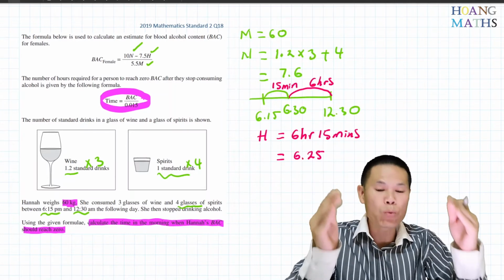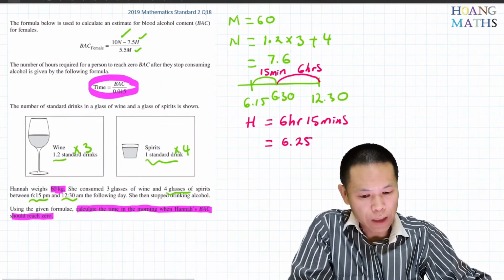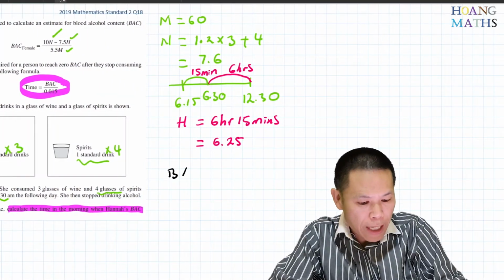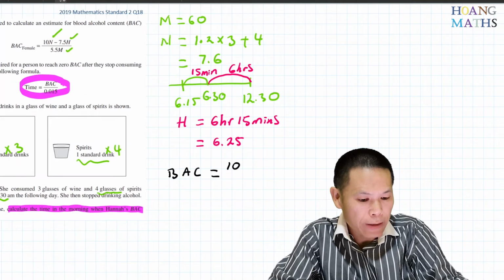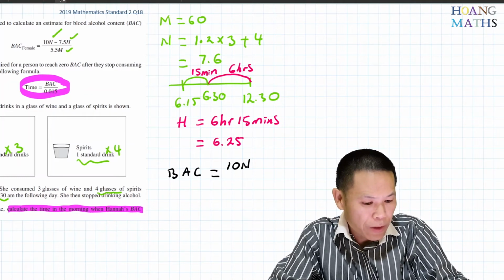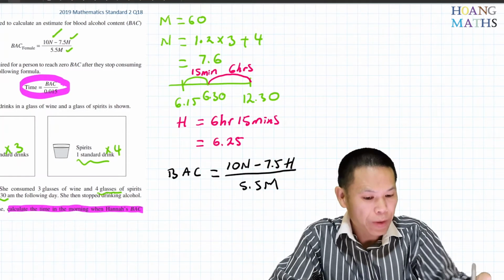So now we can work out the blood alcohol content. So let me just move this across. BAC, blood alcohol content, equals 10N minus 7.5H over 5.5M.